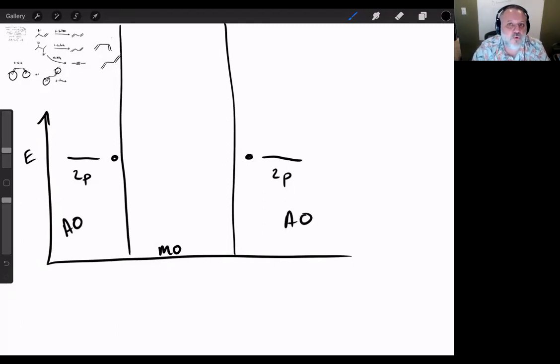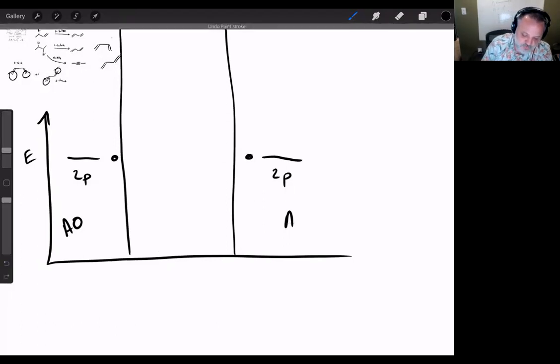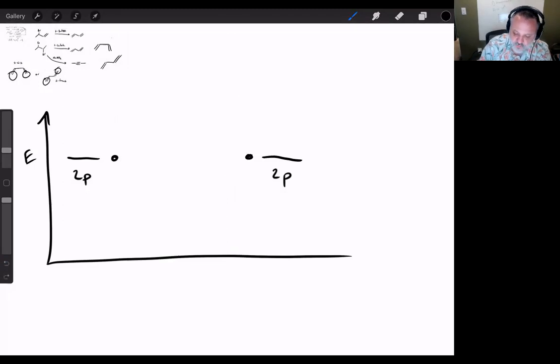Then that means that the orbitals that we put in the atomic orbital space have to sum to the same energies in the molecular orbital space. And so what that means is if I get two orbitals in, then I get two orbitals out. But if they are the same energy, we end up with one that goes down in energy and one that goes up in energy in exactly the same way.